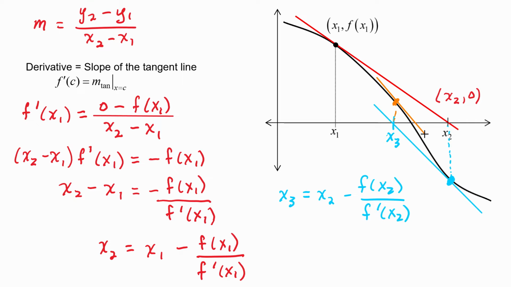And you can see already we're getting very close to the actual root. x4 would be here, and we would find x4 by applying Newton's formula to x3. So we'd have x3 minus f of x3 over f prime of x3.